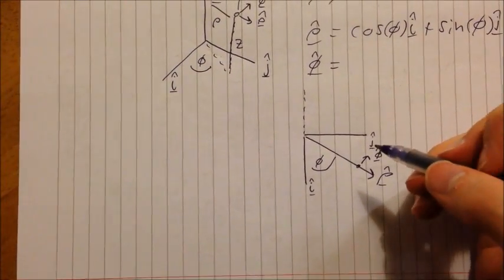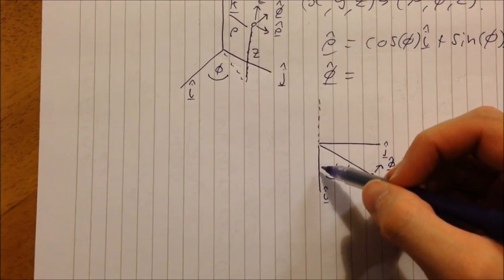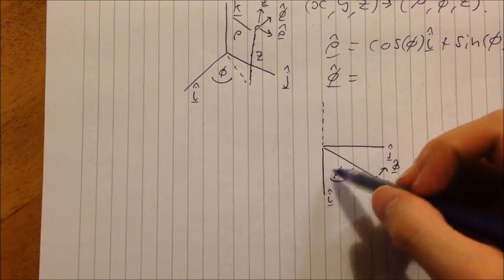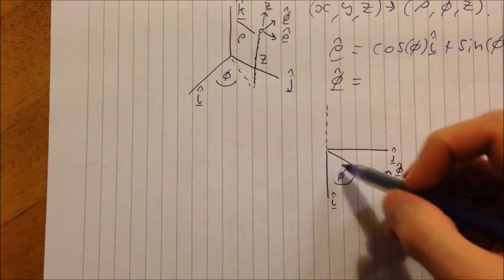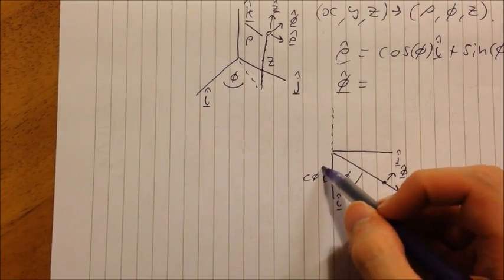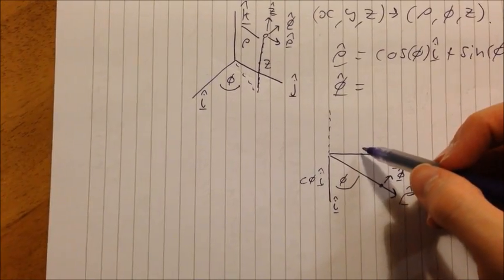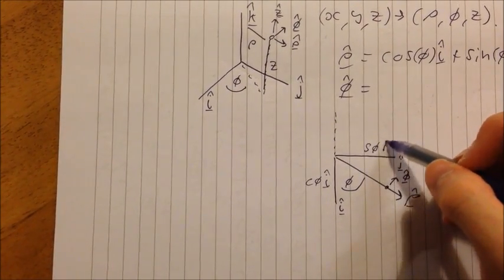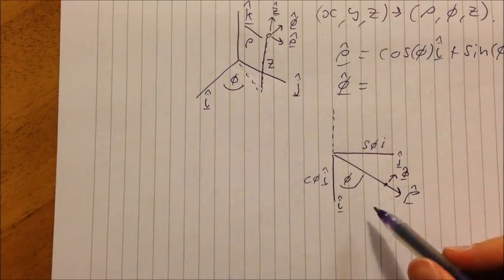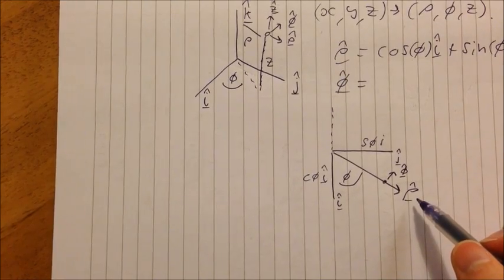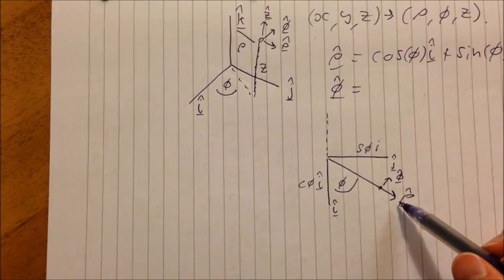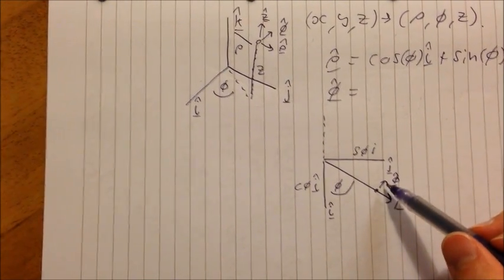No, just this component here is cos phi i, and this component here is sin phi j, but that would describe not the phi unit vector, but the rho unit vector. What we want to do is get something perpendicular to that to face in this direction.